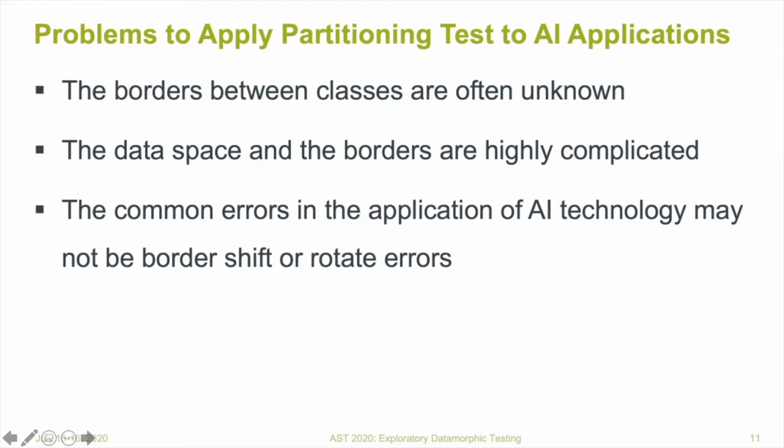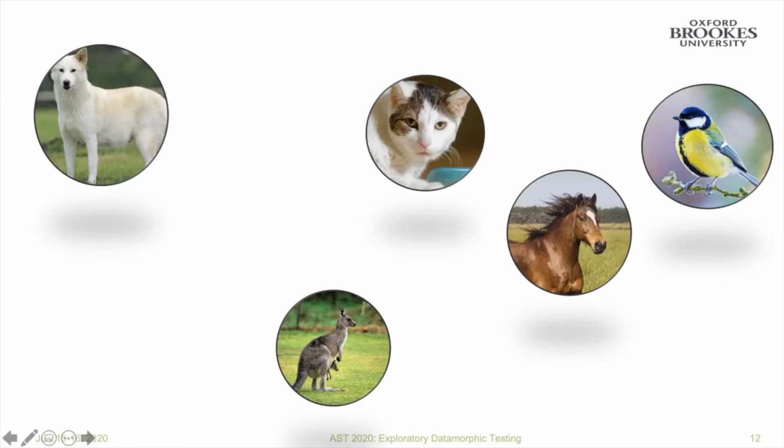The errors made by the developers are not the same as what the developers would make in the coding of the program. So the error in this kind of classifiers are not necessarily the border shift or border rotations. However, the ideas of category partitioning testing can be applied to testing AI-based classifiers.